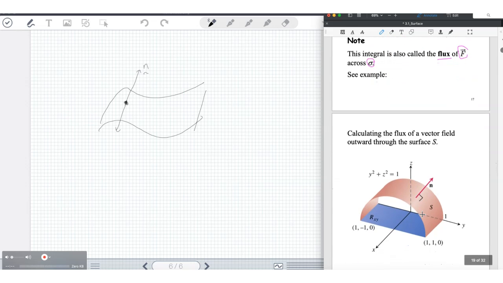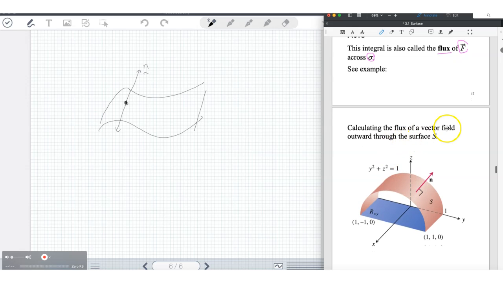Okay, so how does it work? We can use the surface integral to calculate the flux of a vector field F, where the vector field points outward through the surface S. So it is passing through this brown surface, where the surface is given by this equation. This one is the sigma, okay. From the sigma here, we can evaluate the normal vector.